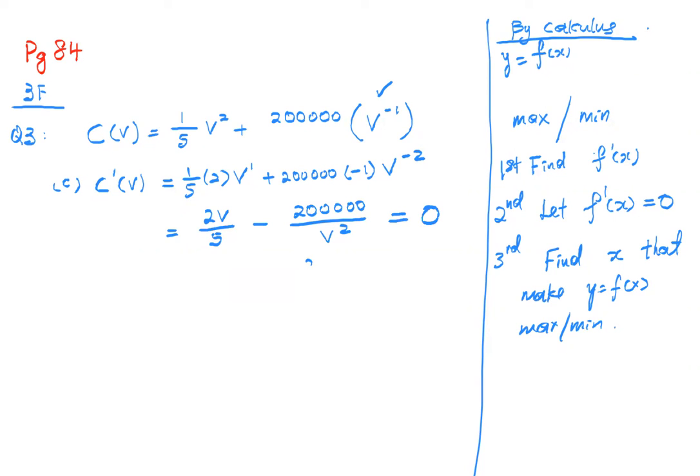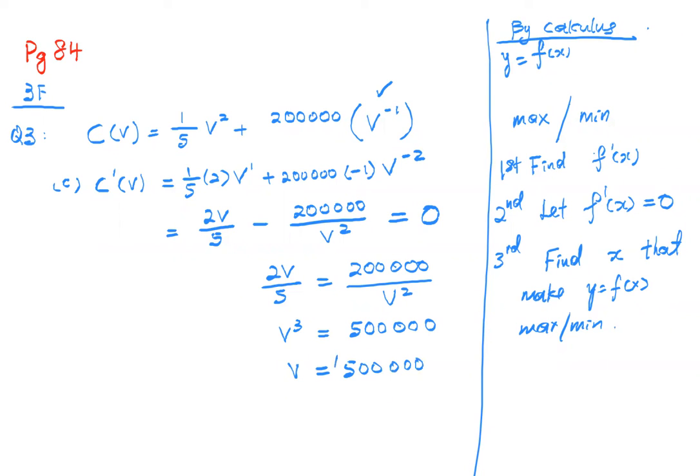So I have 2v over 5 is equal to 200,000 over v squared. So my v cubed will be equal to 500,000. So v will be 500,000 to the power of 1/3. So you get the approximate value.